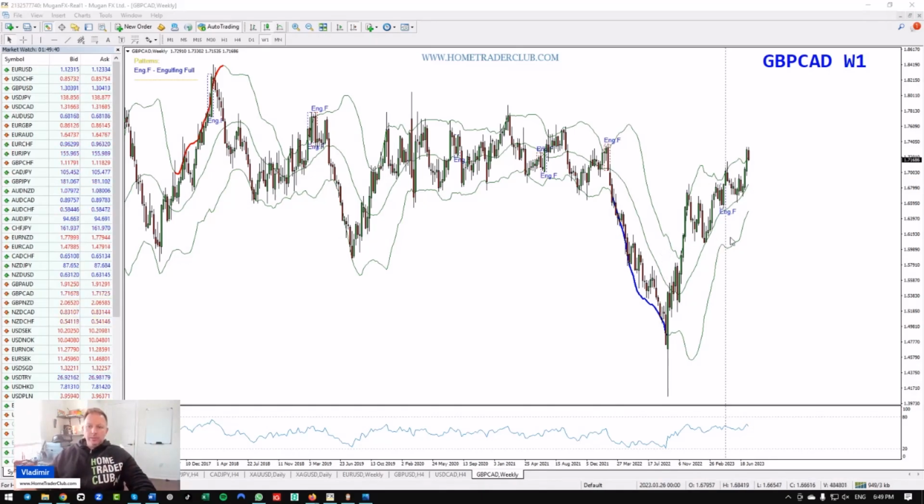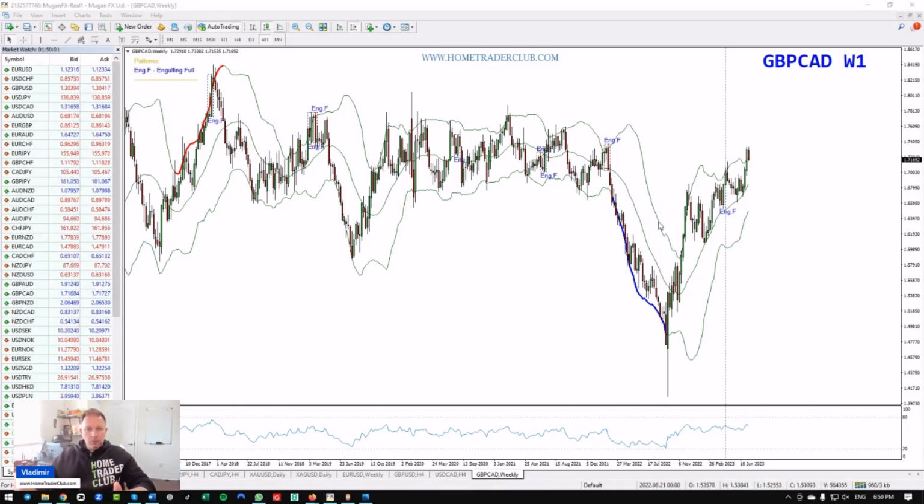So there will be two things I will be presenting here. The first one would be the engulfing pattern on the reversal side, and then I'll be talking about the trend riding or trend continuation with some twist that I have here with my Bollinger.